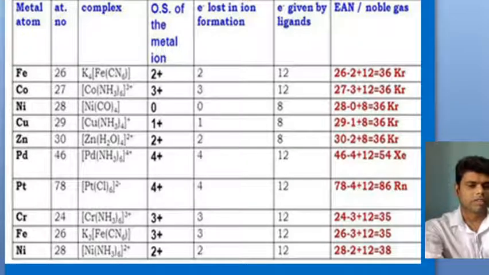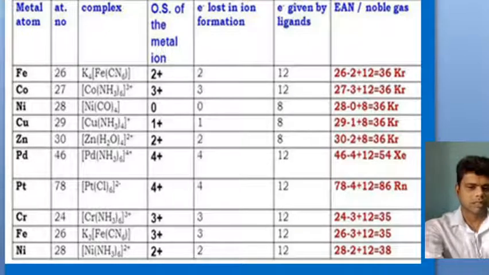Similarly, in the case of nickel with 6 coordinated amine, hexaamine nickel 2+ ion, the last one, the oxidation state is +2 here, and electrons lost in ion formation is 2. So nickel atomic number is 28 minus 2 plus 6 ligands will donate 12 electrons.